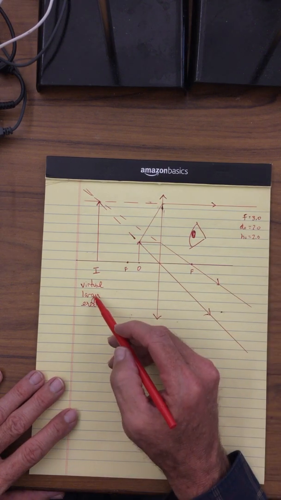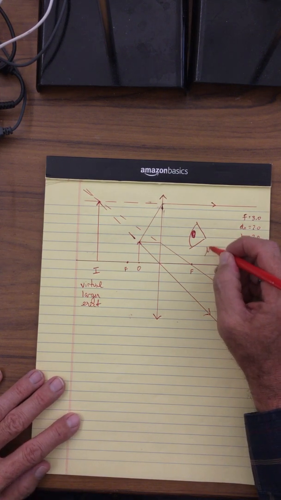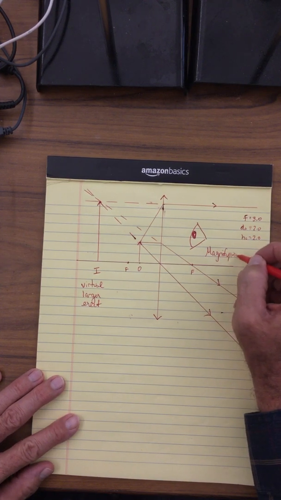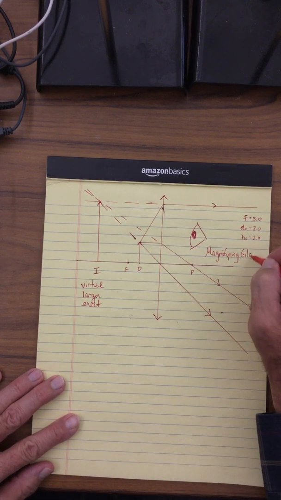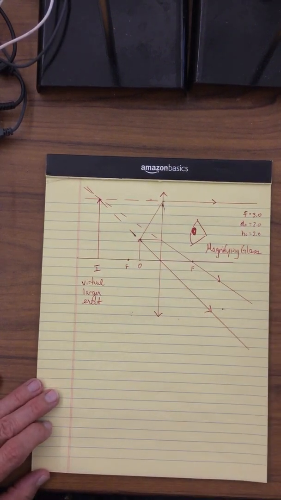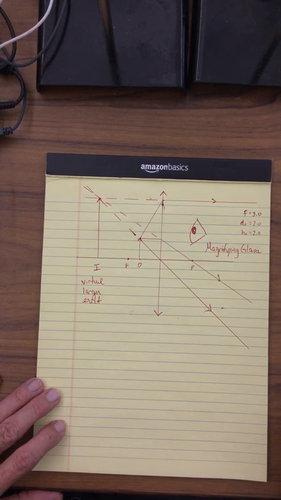You're going to see a larger image. What have you just created? You've just created a magnifying glass. That's the functionality of having an object on the inside of the focal point.